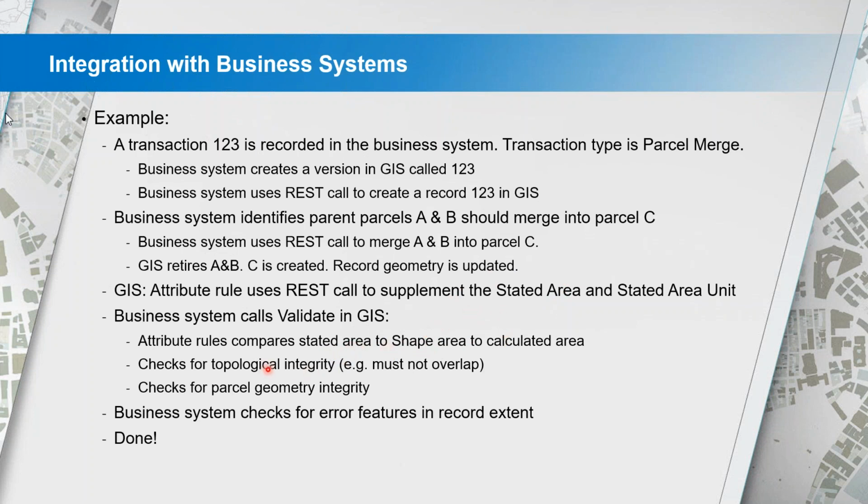We can also check for topological integrity, for example, that these parcels must not overlap with neighboring parcels. And then we can check the parcel geometry integrity. Once this is all done, the business system checks for error features in the record extent, and we're done. So we've now actually merged two parcels together without having a map technician in the middle of this to interact.